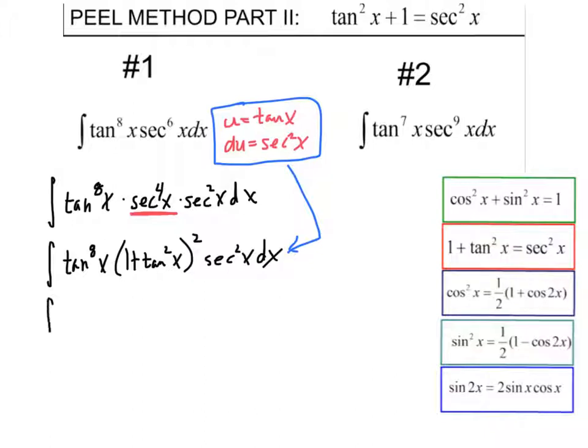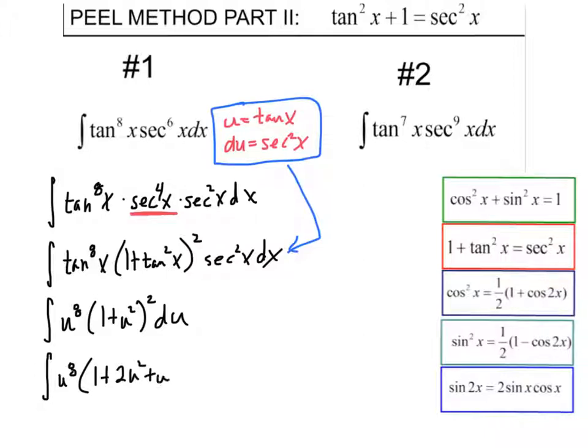And my integral becomes u to the eighth times 1 plus u squared du. And, of course, to do this, you would actually multiply it out, 1 plus 2u squared plus u to the fourth. You'd multiply this in, I'm going to run out of room, multiply it in, and then do power rule.